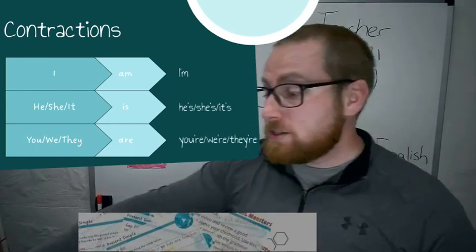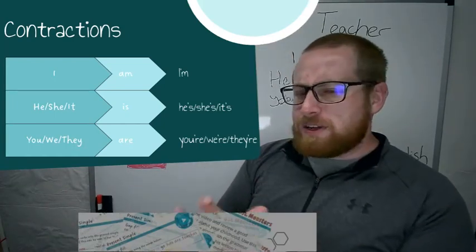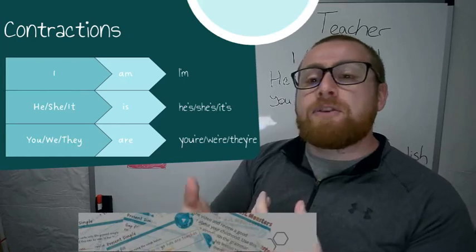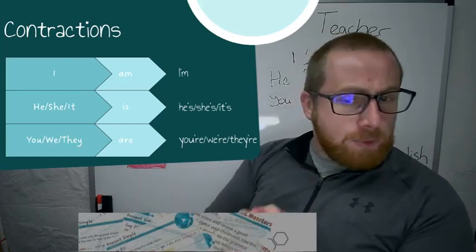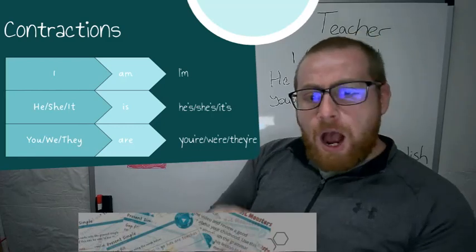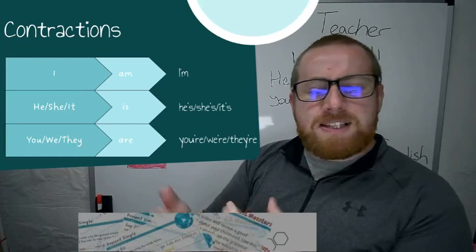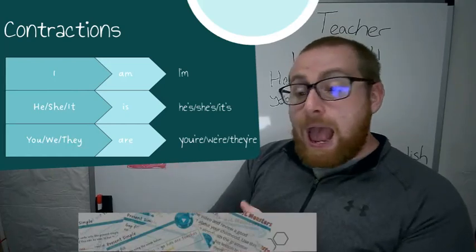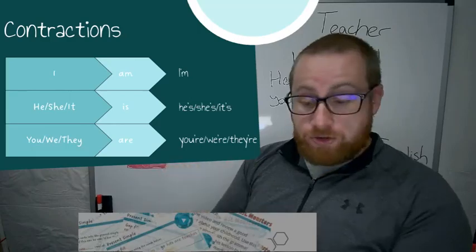We can use the contractions to shorten the sentences, and this shows a good level of understanding with English and a level of fluency, and you will sound more like a native speaker. If you would like some more practice with this, I would recommend the free worksheets in the description where you can practice this, shorten the sentences, and you can do the examples using contractions and apostrophes.